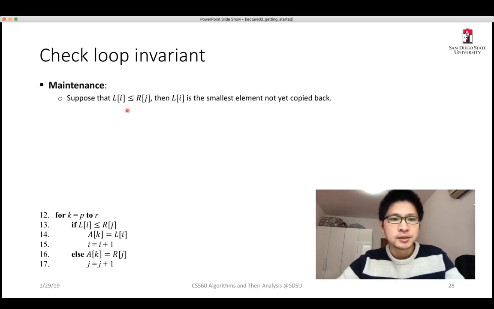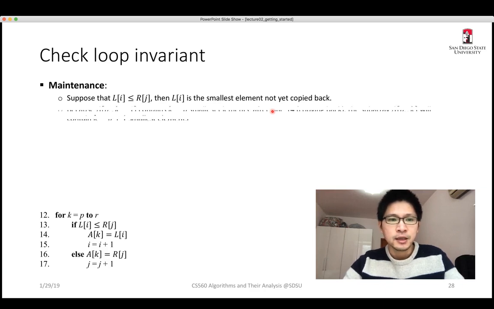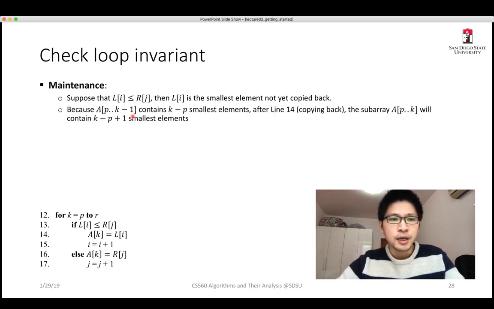Suppose L[i] is smaller than R[j]. Then L[i] is the smallest element that has not yet been copied back. Because A[p..k-1] contains the k-p smallest elements, and L[i] is smaller than R[j], line 14 is executed.